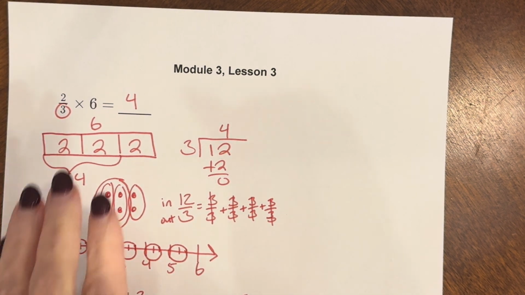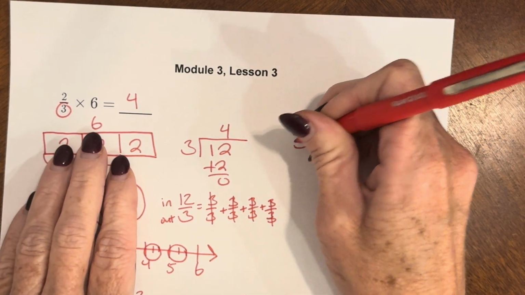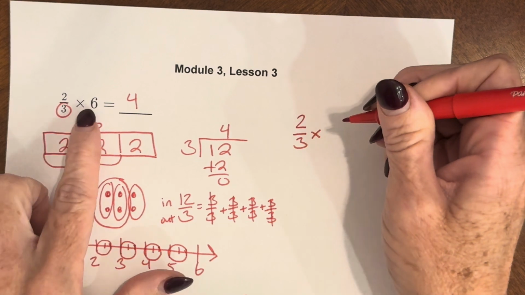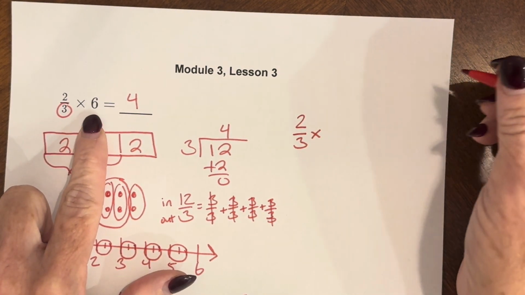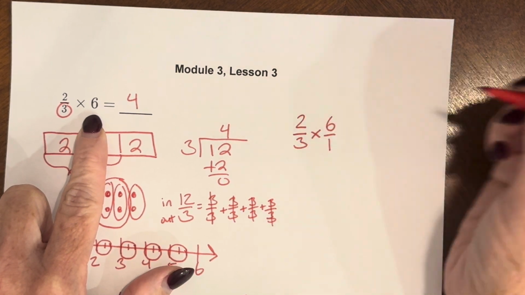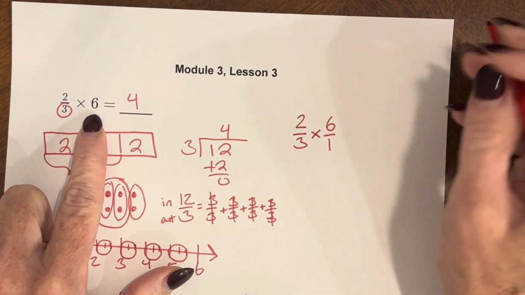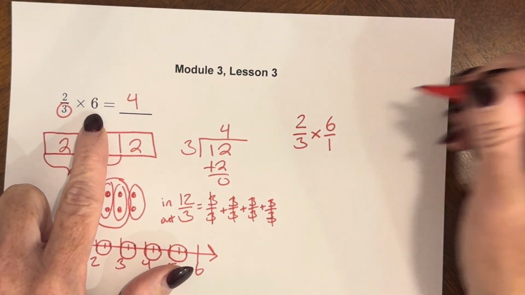So instead what I'm going to do is set up my fraction and turn any whole numbers or mixed numbers into fractions. So I know that 6 is the same as 6 over 1. That is a whole number. 6 over 1 is the same as 6.